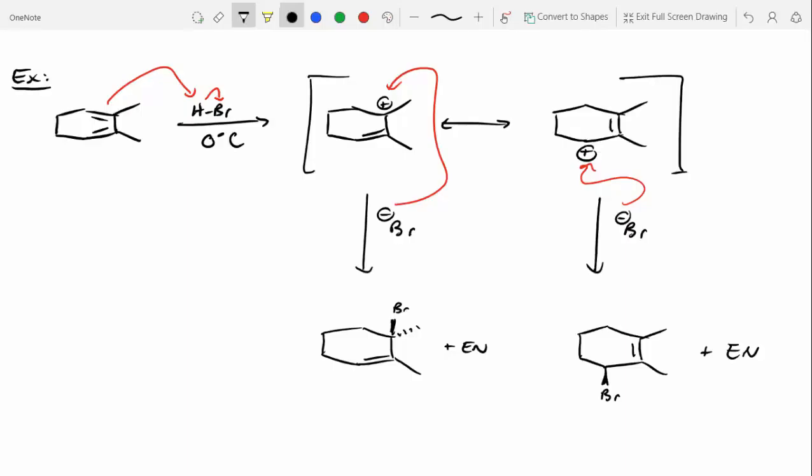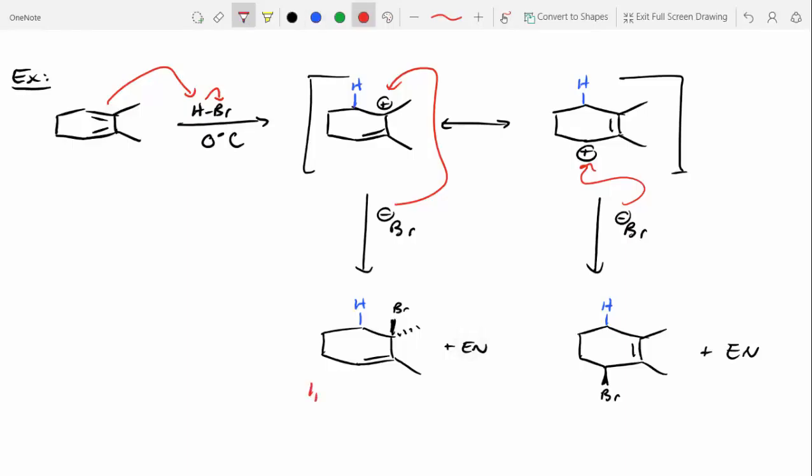Which one's going to be favored at 0 degrees Celsius? One on the right? One on the left, right? Because if we think about where we installed our proton, we installed this proton right here, so the bromine is going to be right next to that carbocation location. It's going to be really easy to attack there.